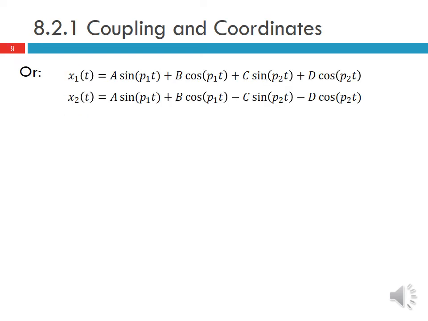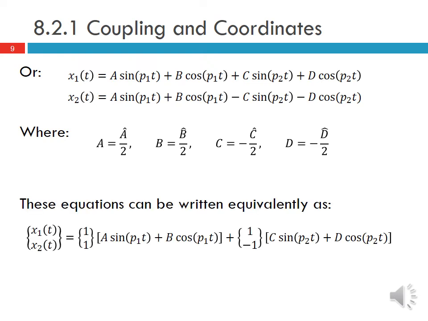And we can rearrange or simplify this in terms of A, B, C, and D, where the relationship between A and A hat, B and B hat, etc. is given as shown here. So these equations can be written equivalently in this form.